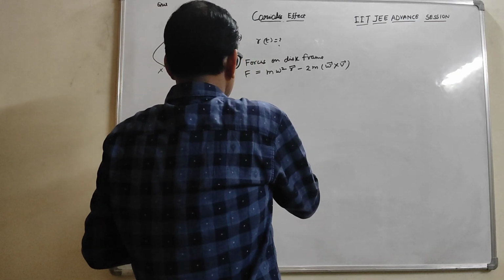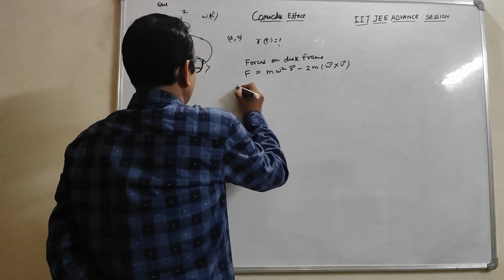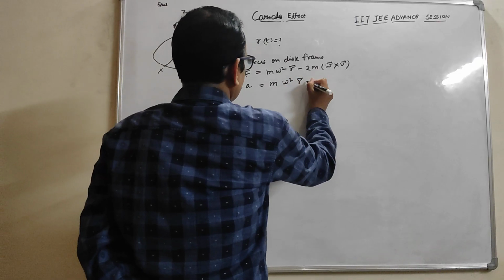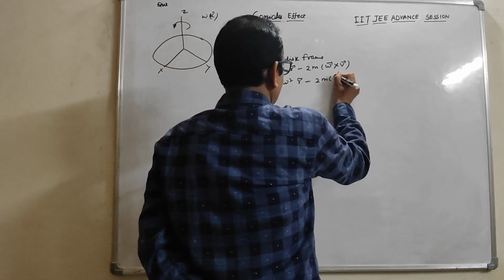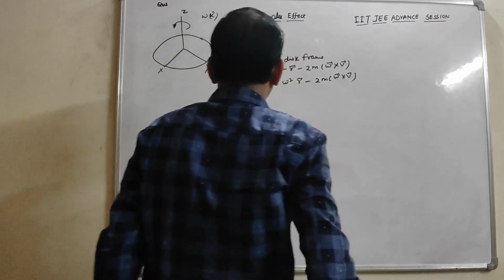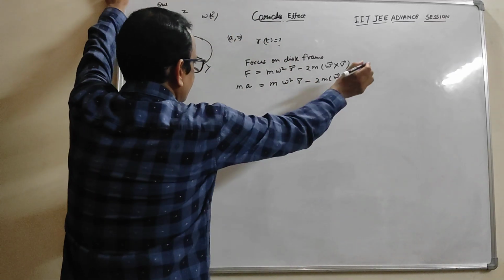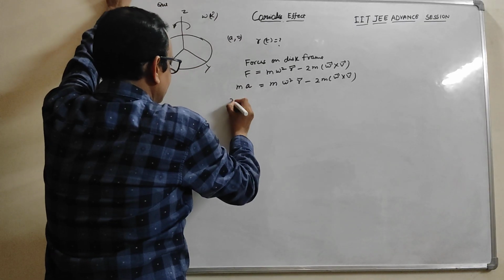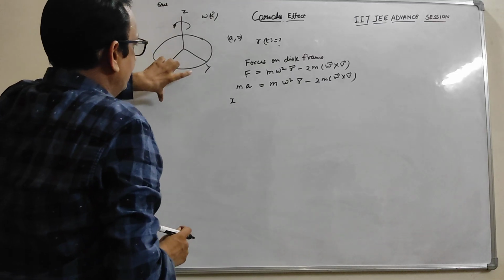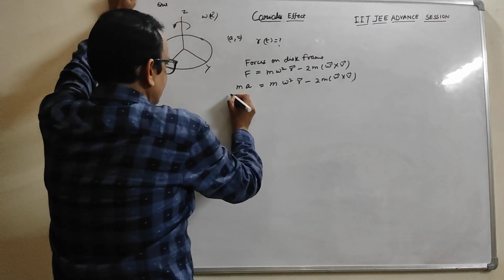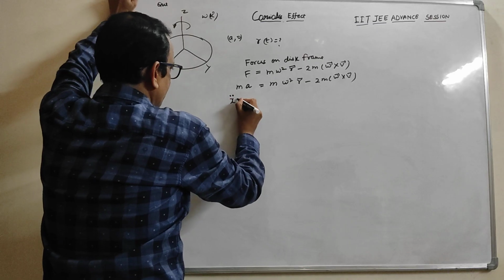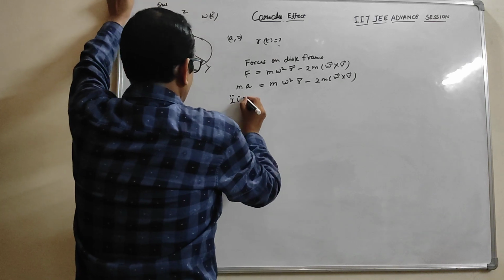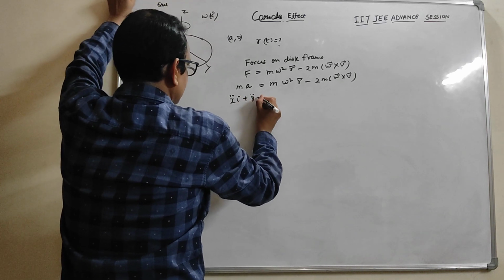So here we write the acceleration: m omega square r vector minus 2m omega vector cross V vector. Here m cancels out, so the acceleration would be, this is in the xy frame, x double dot i cap, suppose x in i cap, and y double dot j cap.